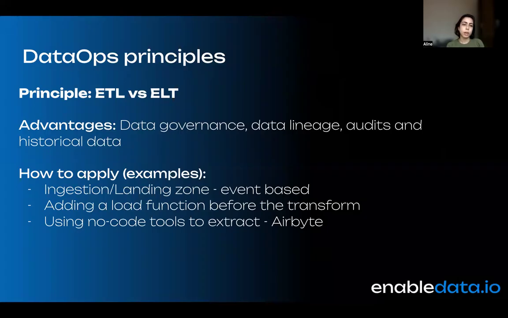If you already have ETL, you can also add a load function before the transform, so it will be ELTL, but that will also apply the concept of having historical data, having data lineage with your raw data.